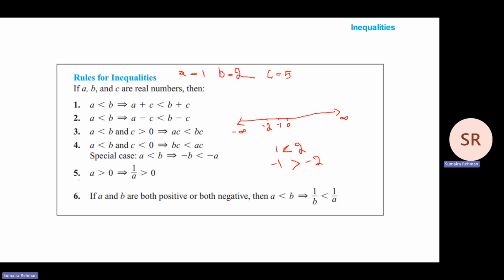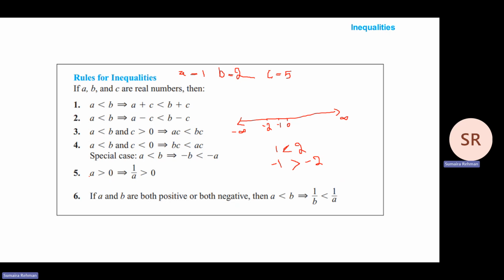Now the fifth one is: if a is greater than 0, this implies 1 upon a is greater than 0. It is understood that if we have any quantity that is greater than 0, with no negative sign, then obviously its reciprocal will also be positive.